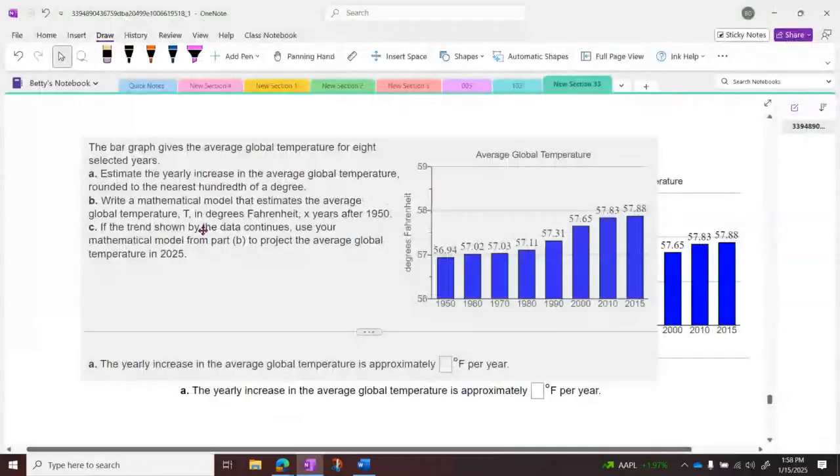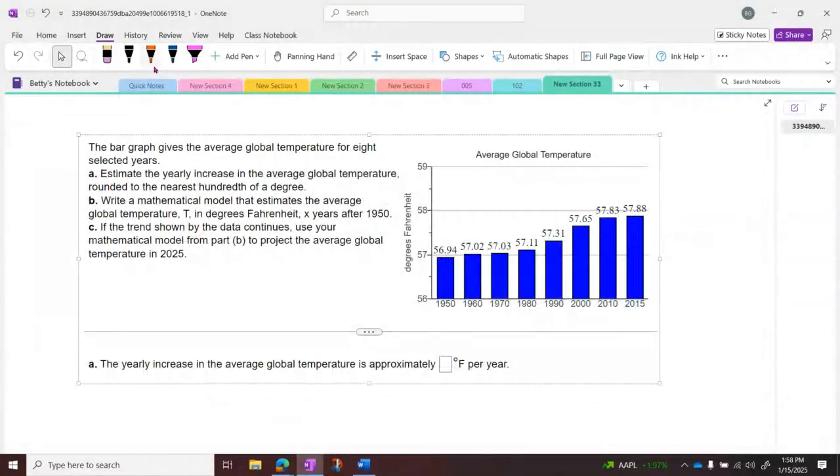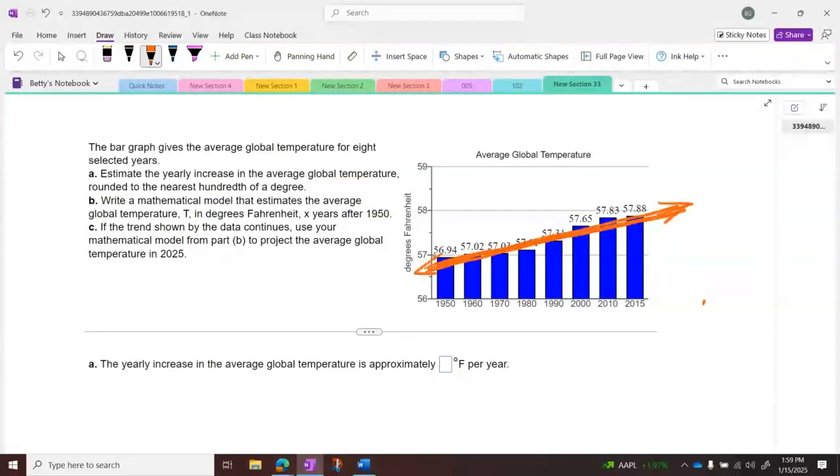We are using a linear model to estimate the trend. This trend, right?